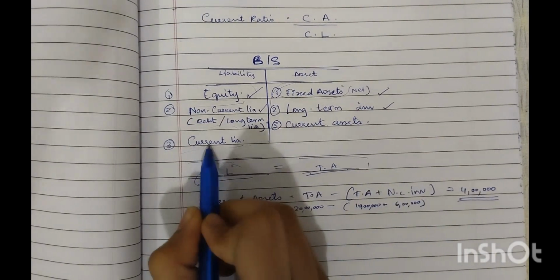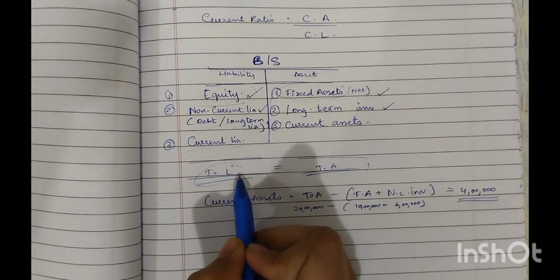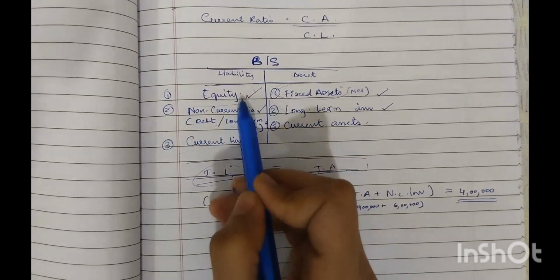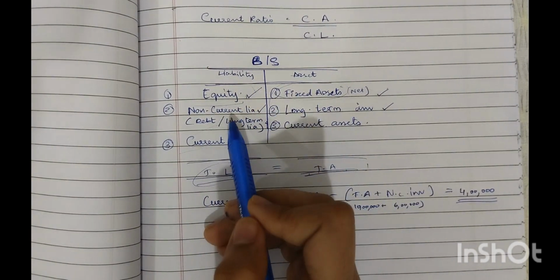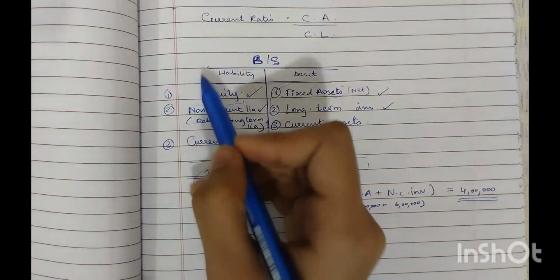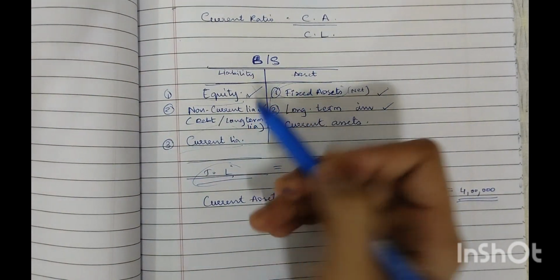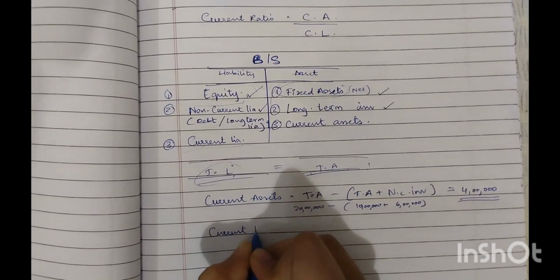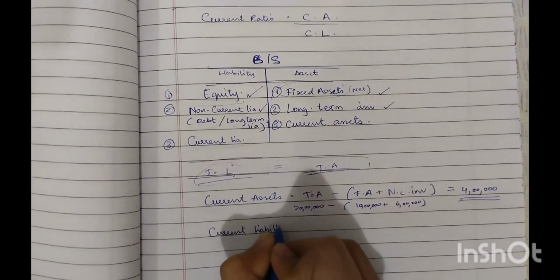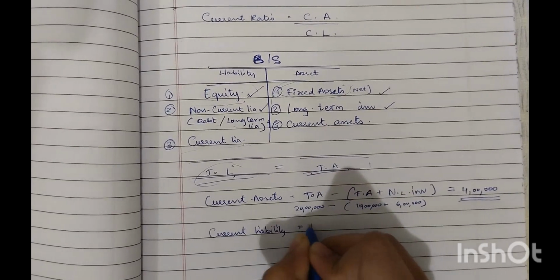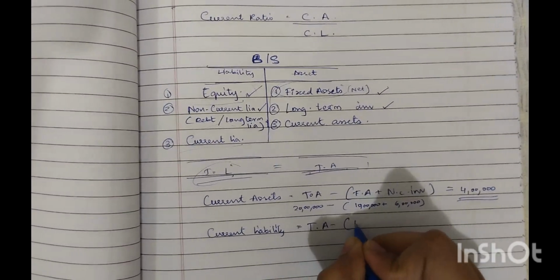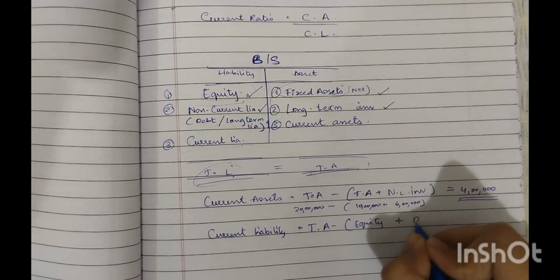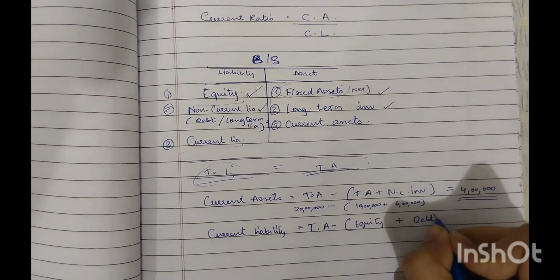So current liabilities are going to be total assets minus the equity minus the non-current liability, that is total assets minus equity plus non-current liability or debt. So current liability is equal to total assets minus our equity plus debt or non-current liability.